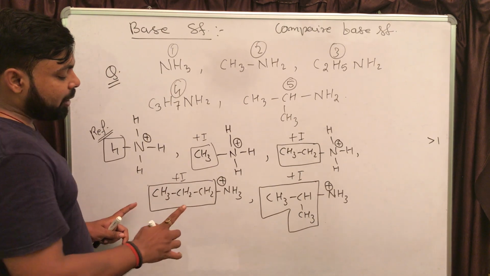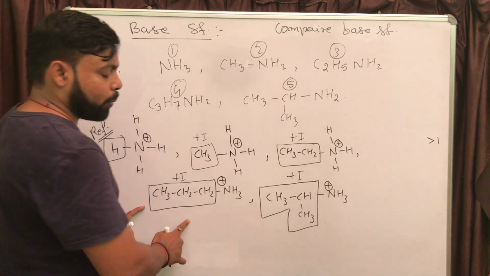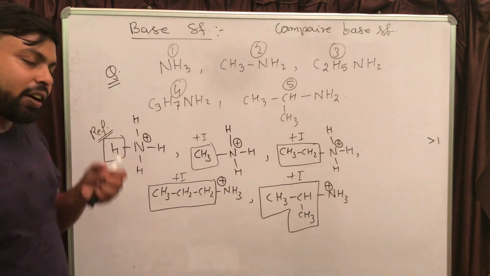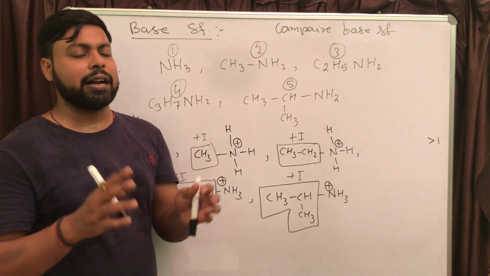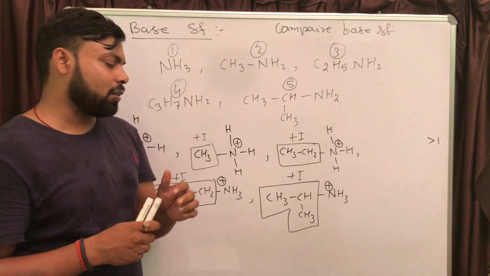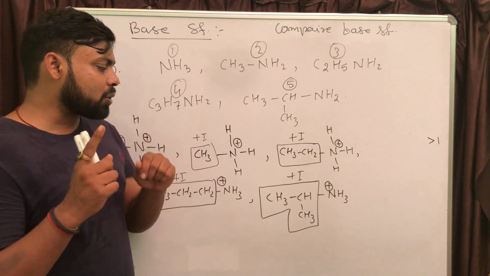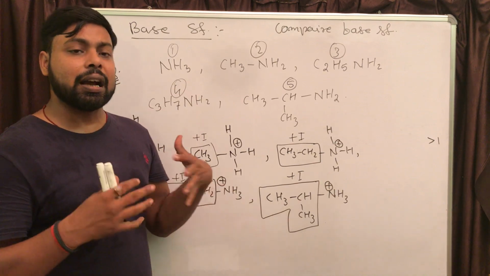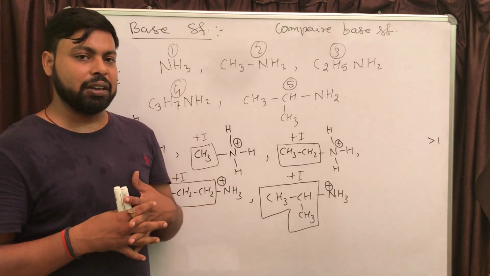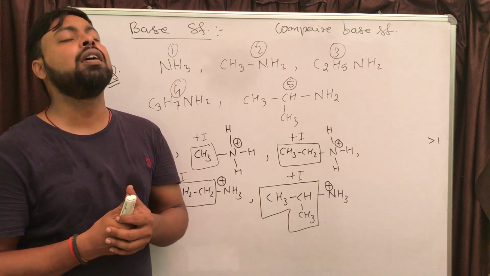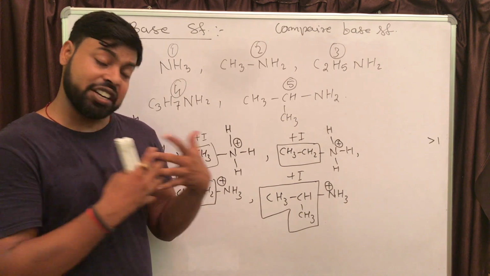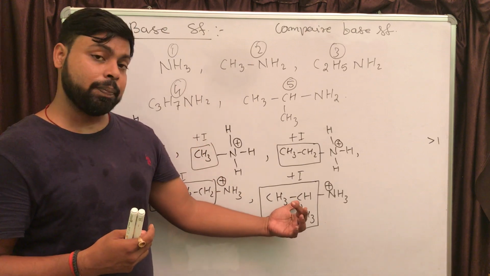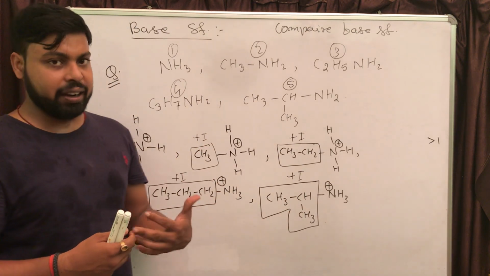Now we need to compare this propyl and isopropyl, right? We have already discussed, if you remember, some questions on the stability of cation and anion, where I discussed that if a 2-degree carbon or 3-degree carbon is directly attached with the positive charge or negative charge, then the electron donation ability of 2-degree carbon is going to be more than 1-degree carbon.